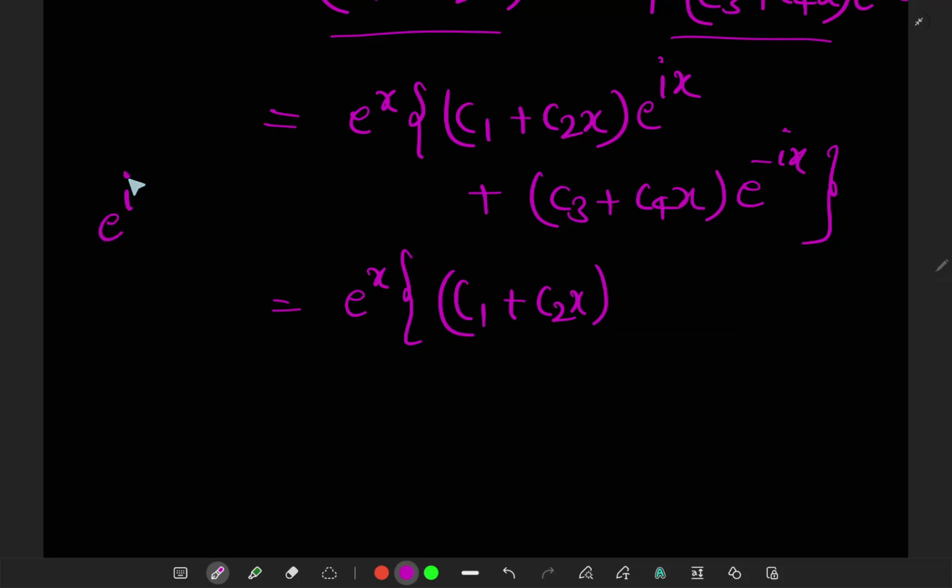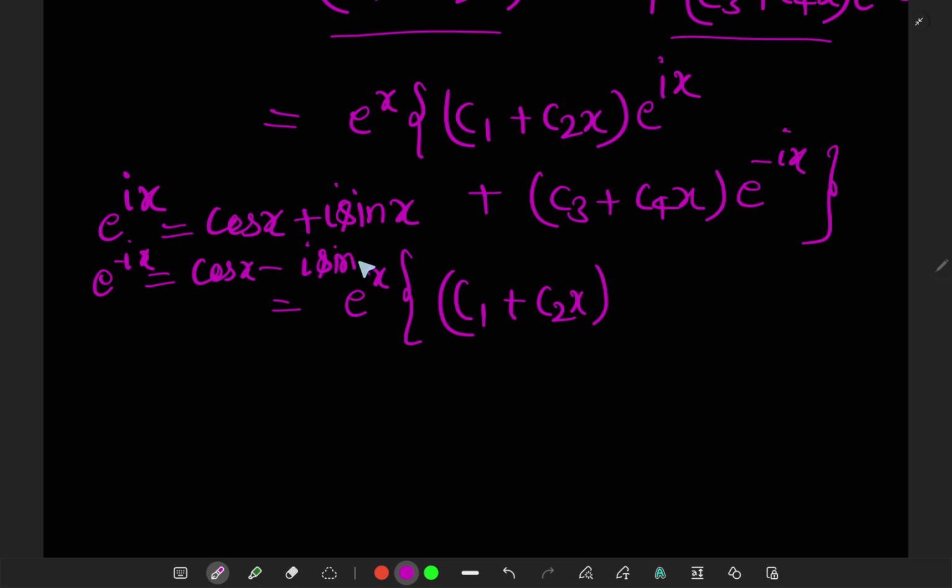Here e raised to power ix is equal to cos x plus i sin x, and similarly e raised to power minus ix is equal to cos x minus i sin x.